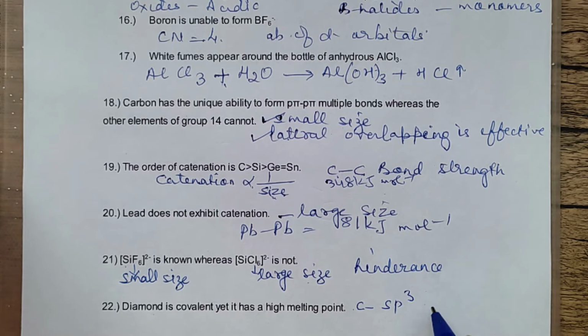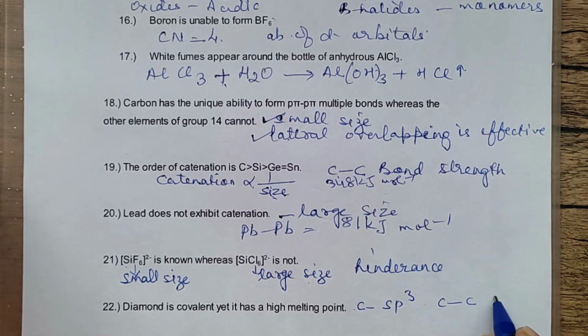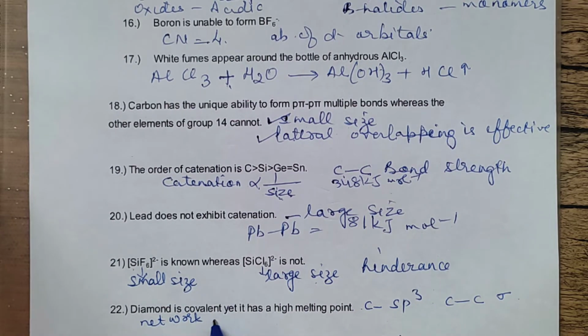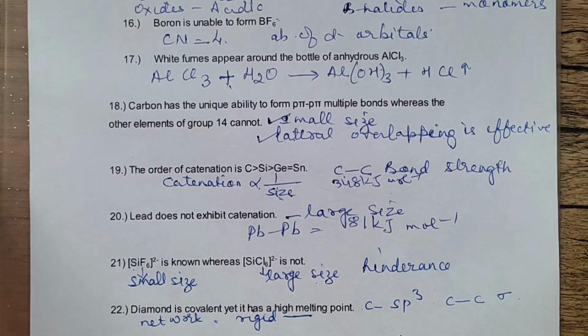Between carbon atoms only a sigma bond is present and it forms a network like structure. Because of the network like structure, it is very rigid and it has a high melting point.